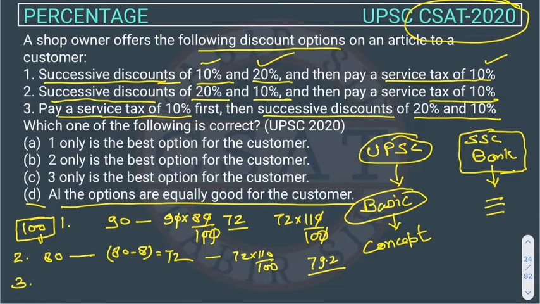Third option. What's the third option? The third option is, first of all, charging 10% service tax. So on 100 rupees the price will become 110, and then giving a discount of 20%. So we will deduct 22 rupees from this, 88 rupees, right?